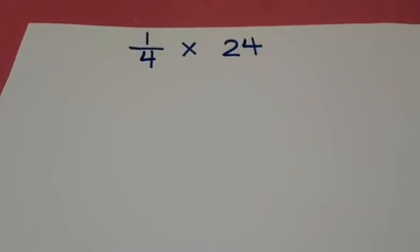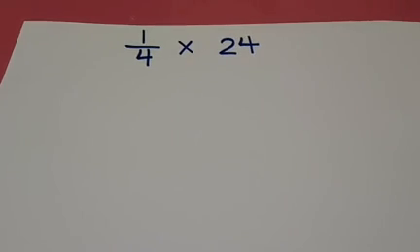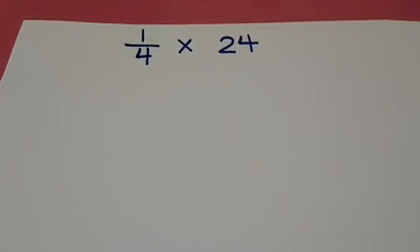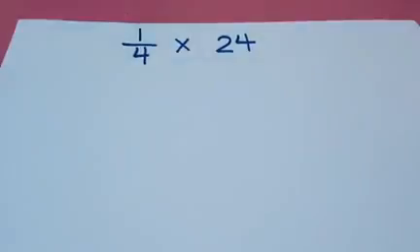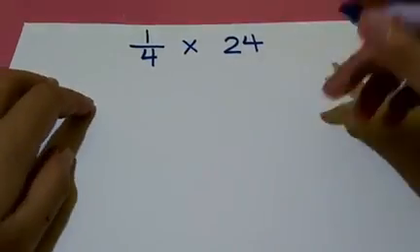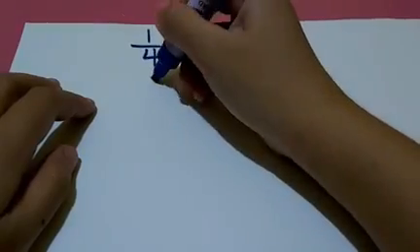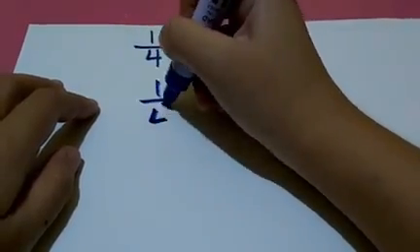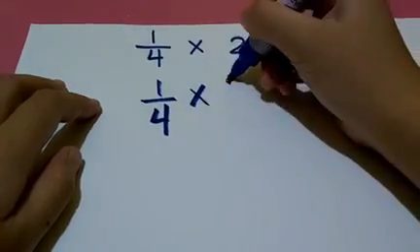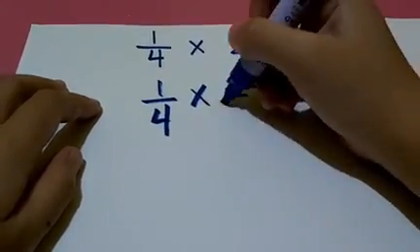What if the fraction is multiplied by a whole number, just like this one? 1/4 times 24. So, this is what we are going to do. Dahil ang sabi ko, numerator to numerator and denominator to denominator, ang gagawin lang natin sa whole number natin is lalagyan lang natin siya ng denominator na 1.